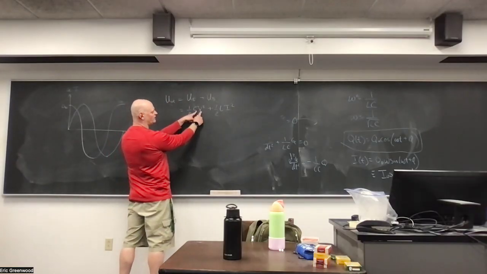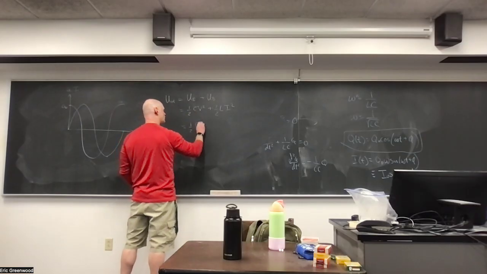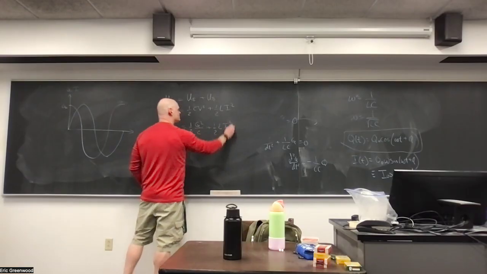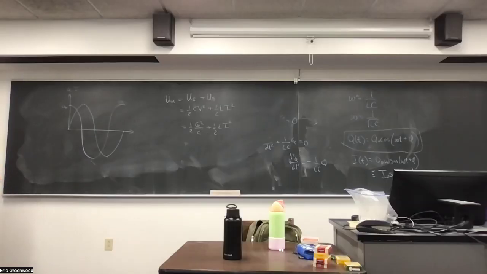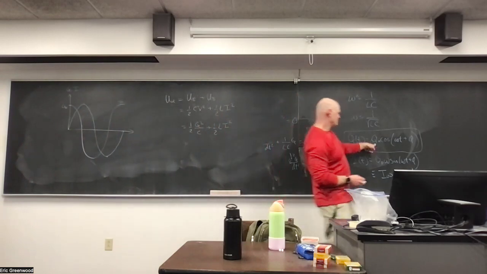Or since we don't know the potential, we do know the charge. We're going to write this then as 1/2 the charge squared divided by the capacitance plus 1/2 the inductance times the current squared. Everybody's doing okay?